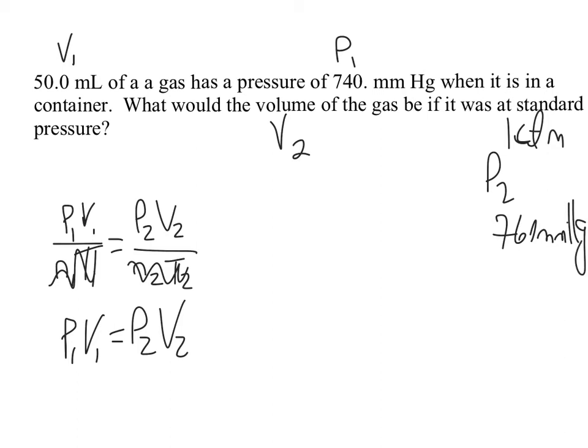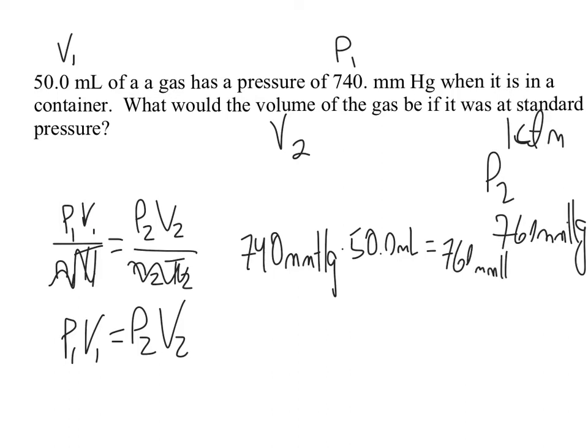And from here, you can basically plug and chug. So we have 740 millimeters of mercury times my V1, which is 50 milliliters, and that is going to equal my P2, which is 760, times V2. Divide both sides by 760 to solve for V2.